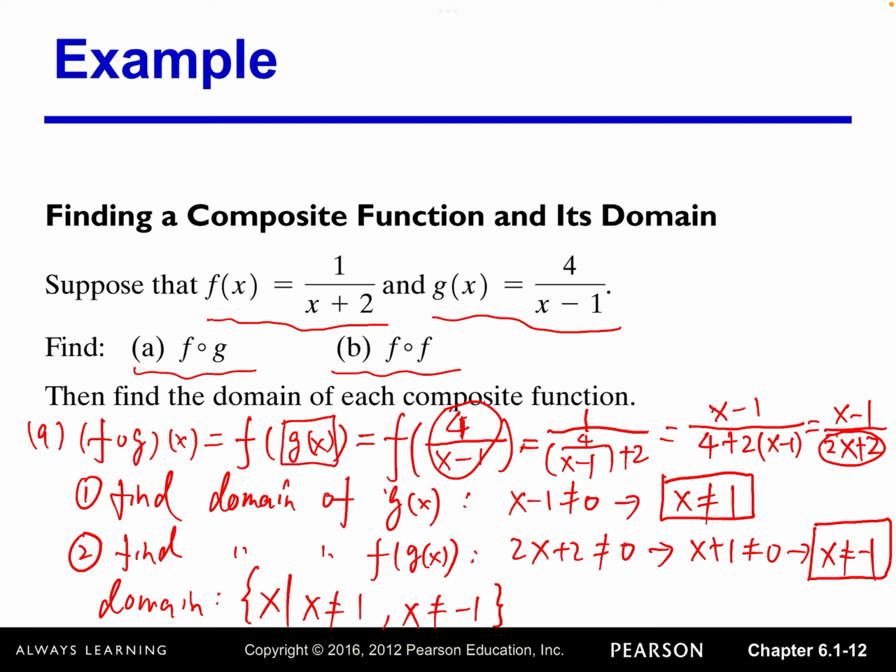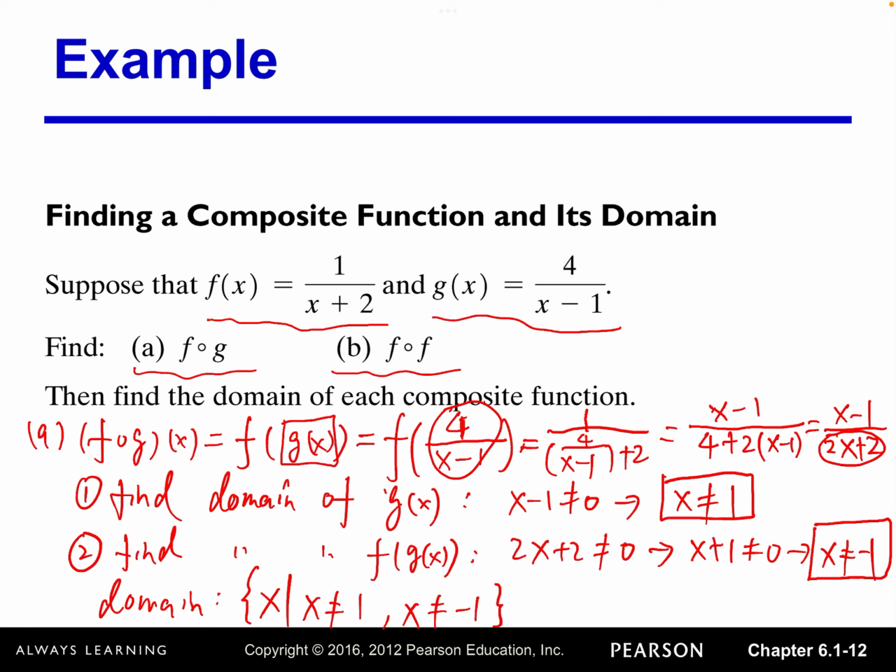The restriction x cannot equal positive 1 makes sure the inner function is defined. If the denominator equals 0, the whole expression will be undefined, right? So in order to make the inner function defined, we restrict x cannot equal positive 1.